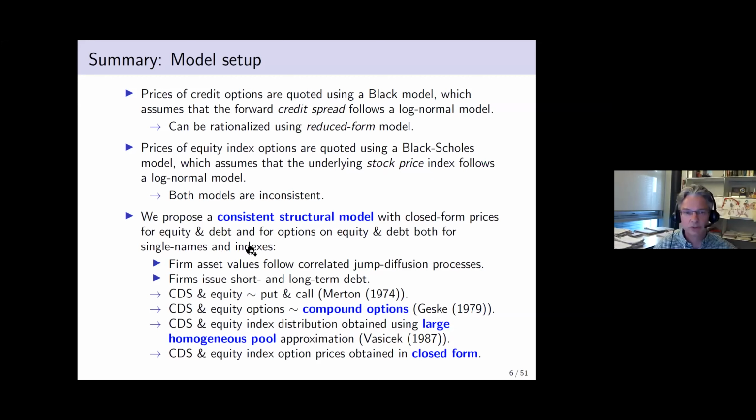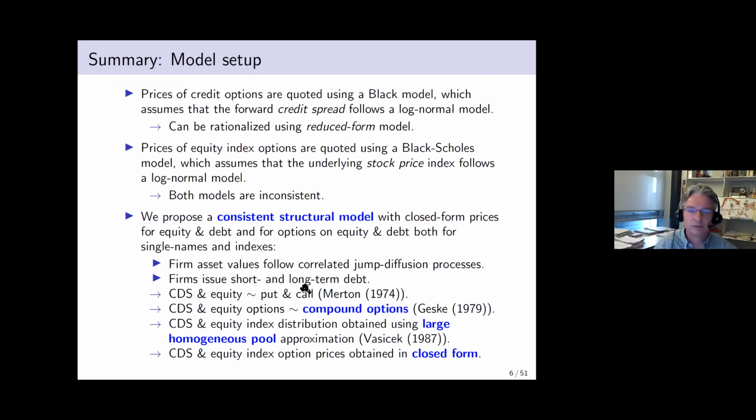Based on that structural model, we essentially get consistent prices for both the credit options and the equity options. And we can thus extract implied asset value volatilities to see what is the relative pricing across these two markets.